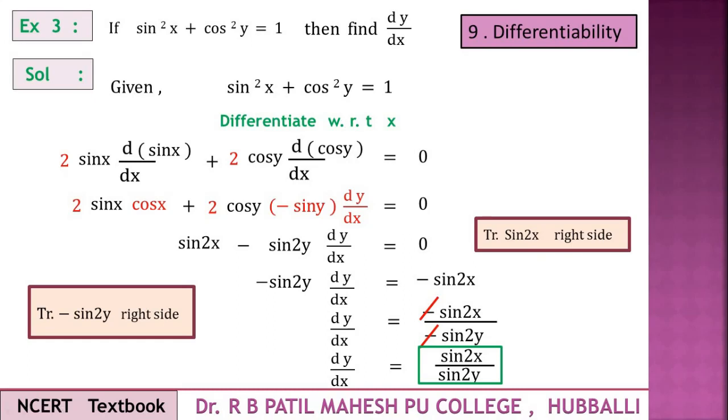Remember students, sometimes maybe for 1 mark if it is a simple implicit equation, it is very rare, but 2 marks, 3 marks, more chance. So these are the problems on implicit equations or implicit functions. I hope you understood how to write derivatives for implicit equations.